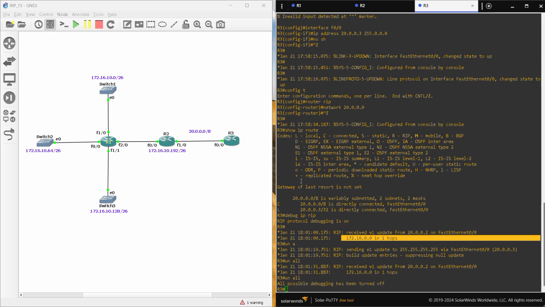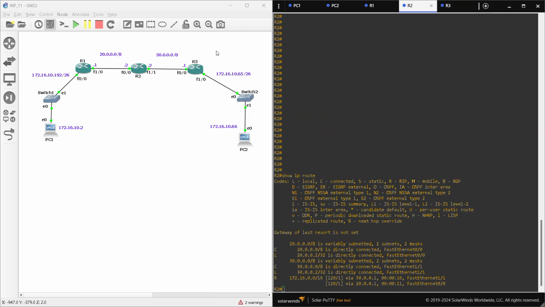So yeah, this was it. There is also one concept that we learned in that load balancing topology. Let me open it for you and we'll see the debug ip rip for that. We'll understand something out of that also. Here also, in the case of R2, R2 has the information about the whole major network, right?